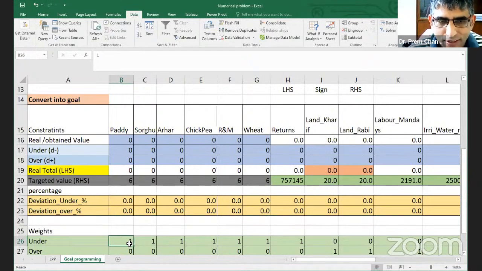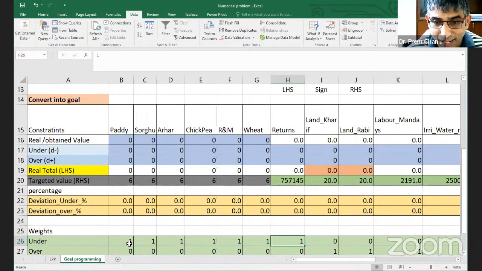That means I want my area under paddy to go higher, even under sorghum. I should cover maximum area under sorghum in each crop cycle. I can assign 0 also, but in case of under deviation, I have written 1 because my target is minimizing the under deviations.